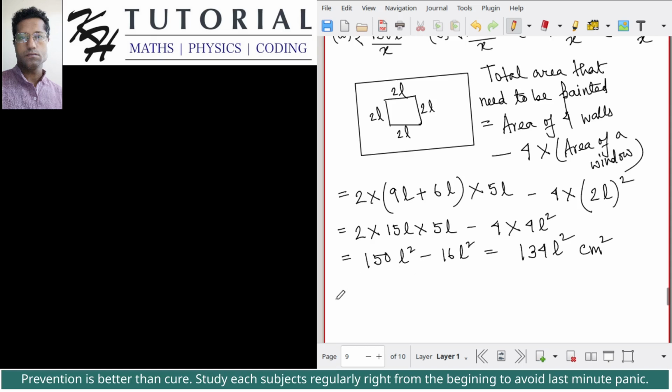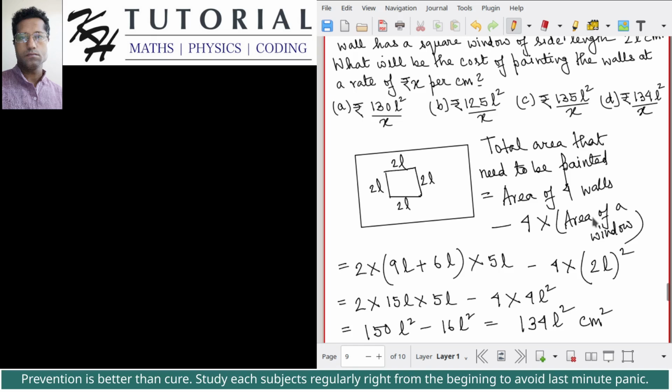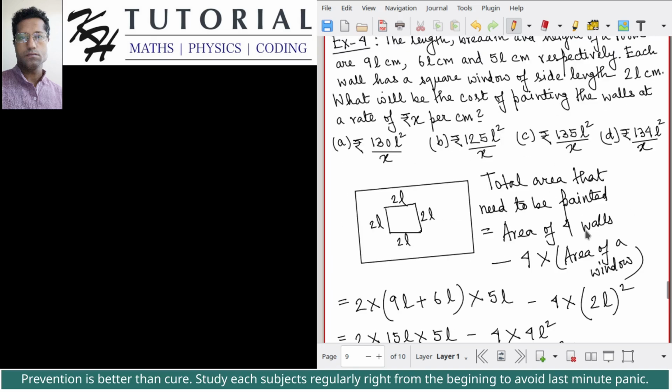Okay, so now I can find the cost of painting the walls. It will be equal to the net area that needs to be painted, that is 134L square, multiplied by the rate of cost of painting, which is given as ₹6 per centimeter square.